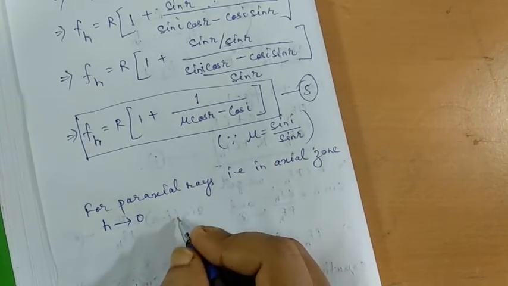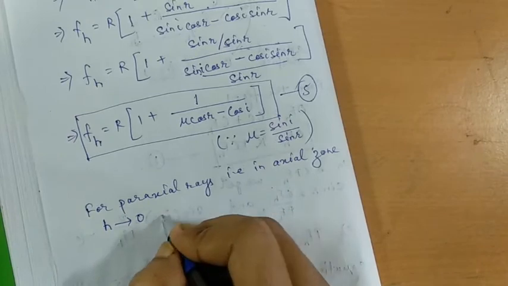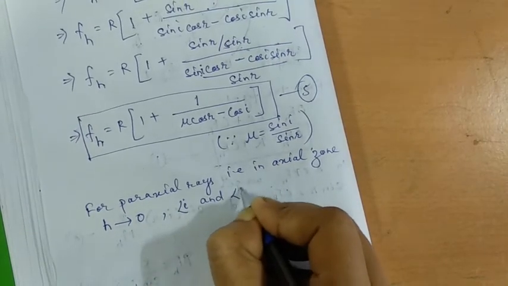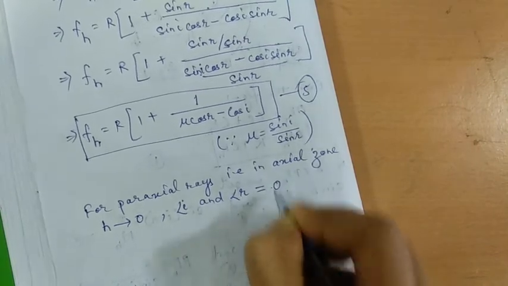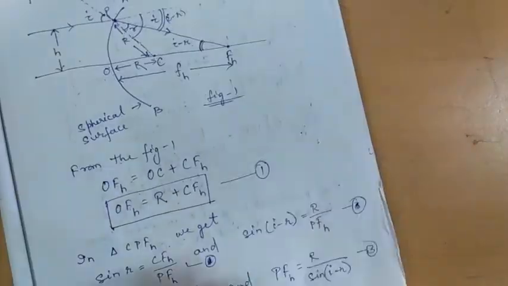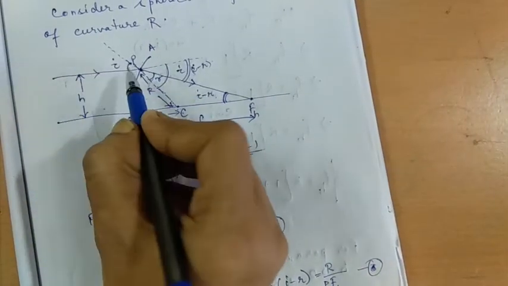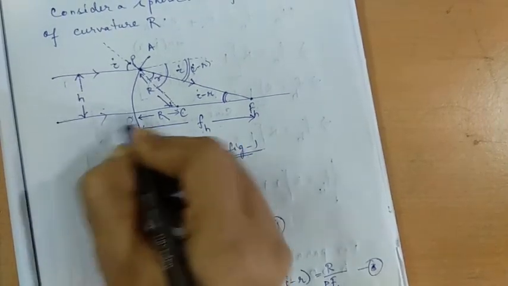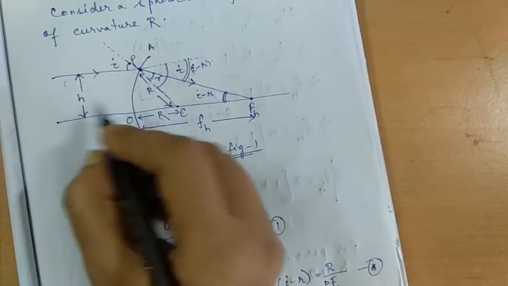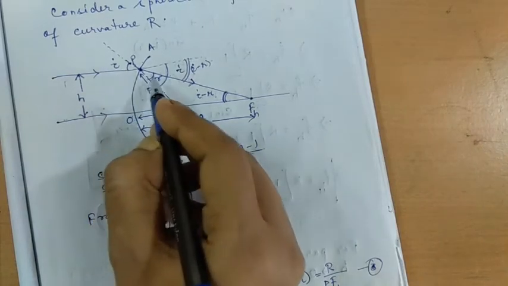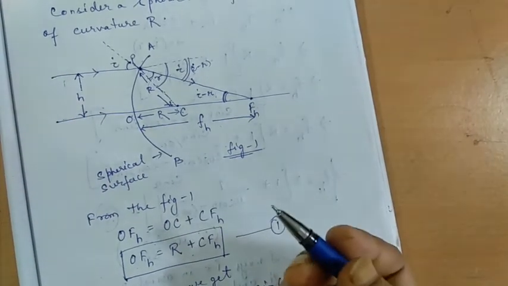If H tends to 0, then we can say that angle I and angle R are equal to 0. Because in the figure you can see, if this line is on the principal axis, then the height tends to 0 and angle I and R are obviously equal to 0.